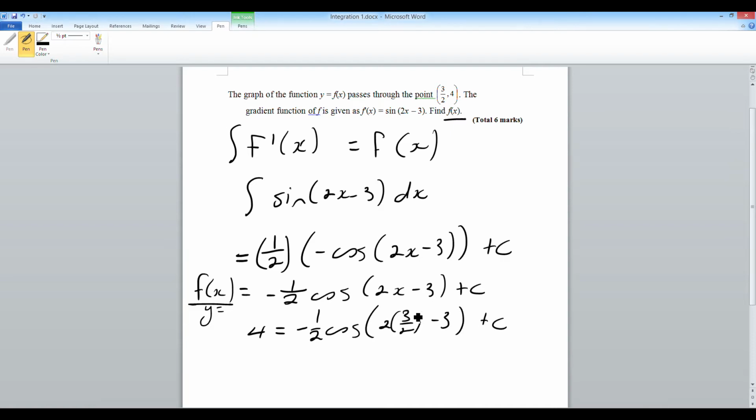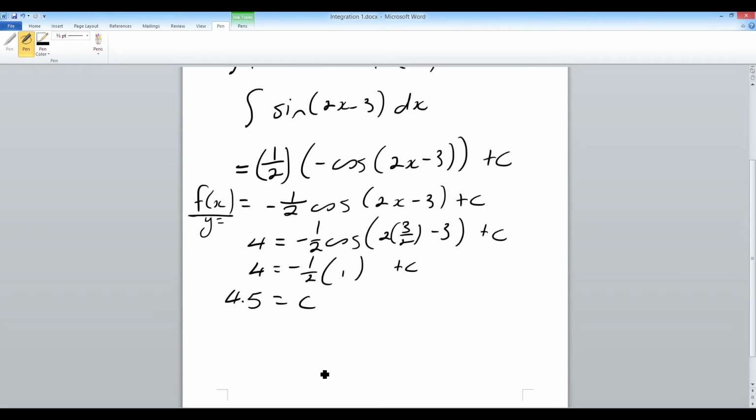So 2 multiplied with 3 over 2 is 3, 3 minus 3 is 0. So it will be cosine of 0. We know that cosine of 0 is equal to 1. So therefore 4 is equal to minus 1 half multiplied with 1 plus c. So it is 4 and minus a half. I'm going to add a half on both sides and it will become 4.5 is equal to c.